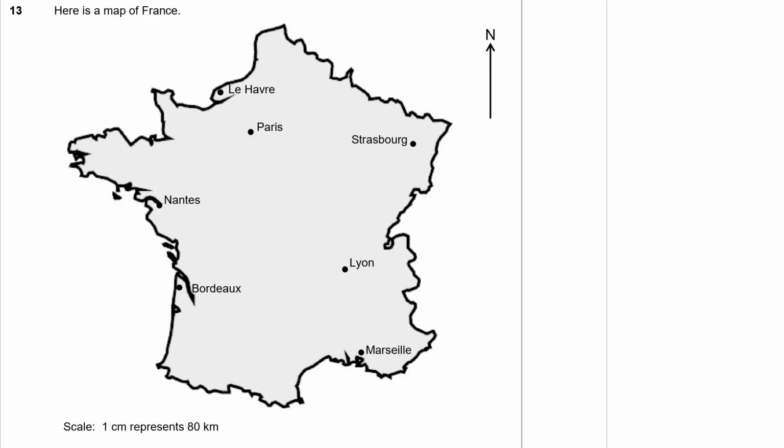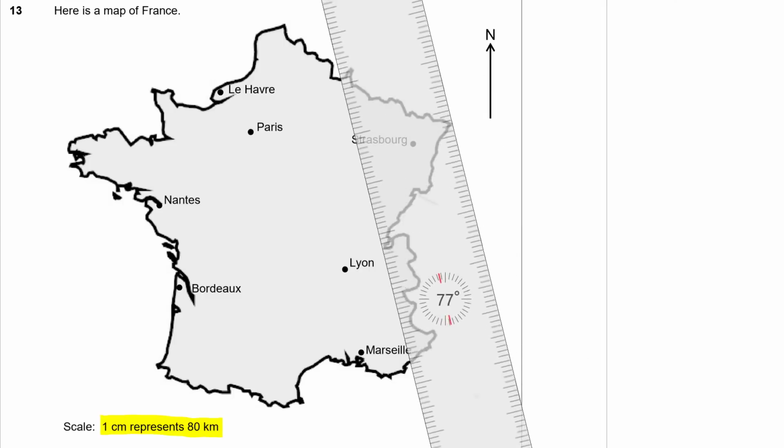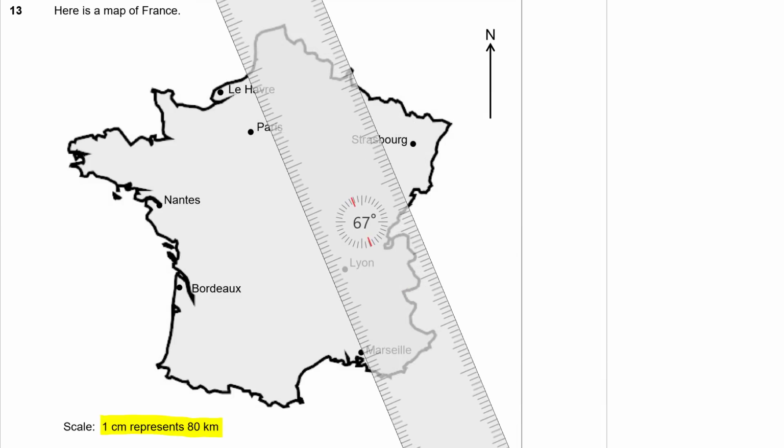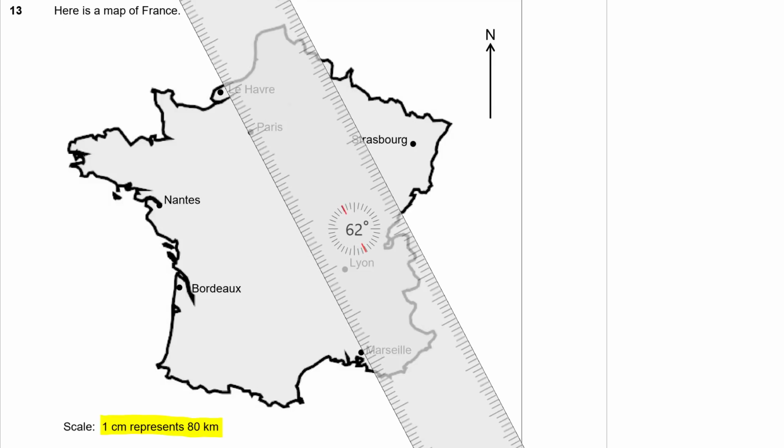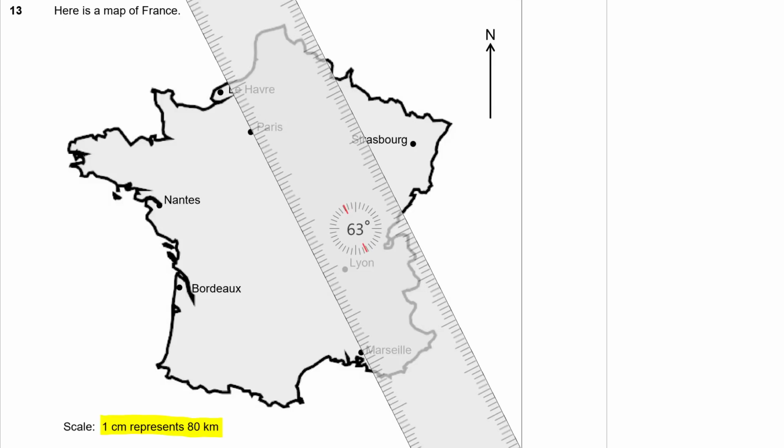Okay, in this question we need to use the scale drawing of France to work out the distance between Paris and Marseille. Now we've got the scale at the bottom, which says 1 centimetre represents 80 kilometres. Now take care, because often when schools reproduce these practice papers for their students, they don't quite reproduce them to the right specifications, and often when you're doing a practice paper, the paper you're working from is using a slightly different scale.